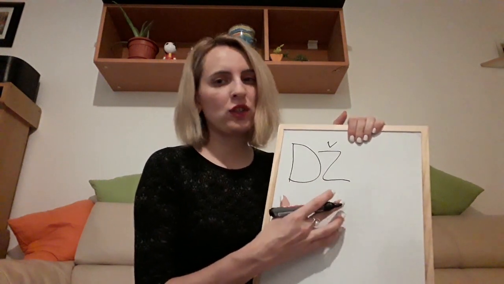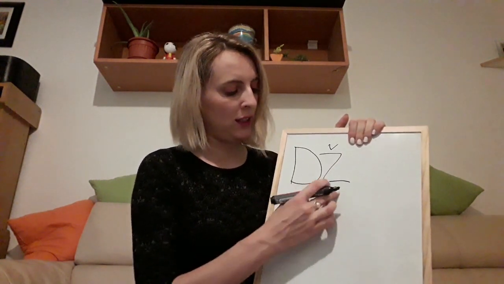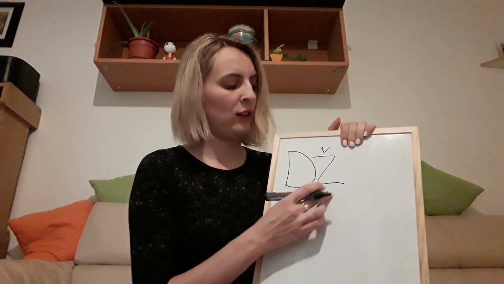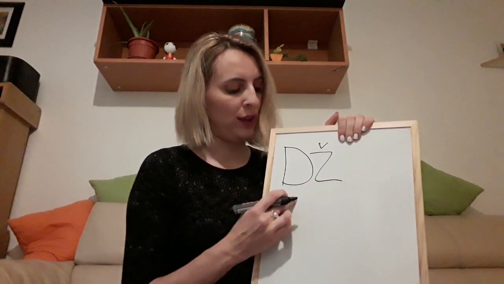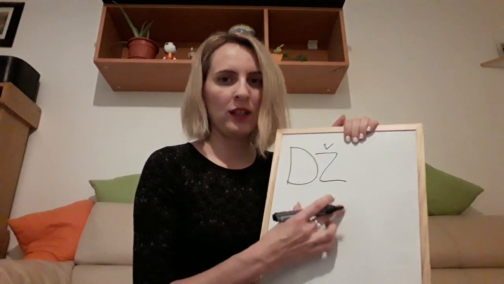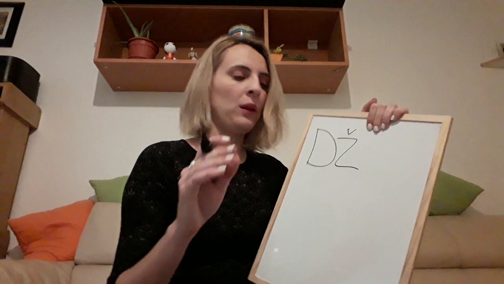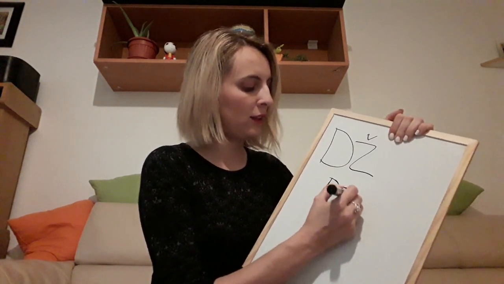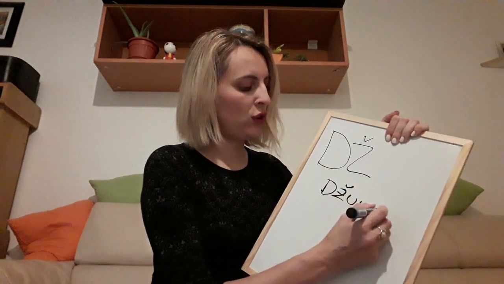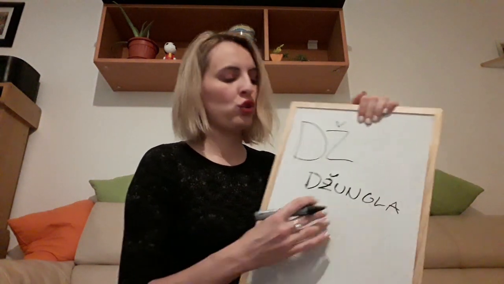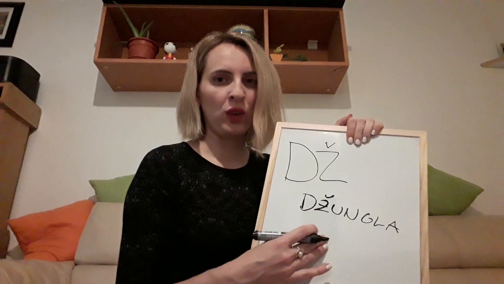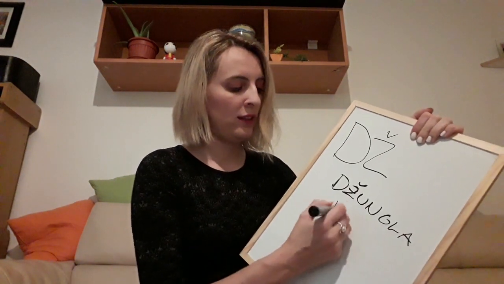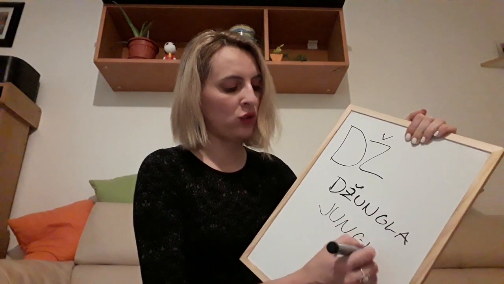J. It is actually made of two letters, d and j, and j is the last, but I will tell you later about this letter. So the j means j, and for example we have a word in Interslavic with this letter. It is džungla, and it is a j like jungle, and it also means jungla.